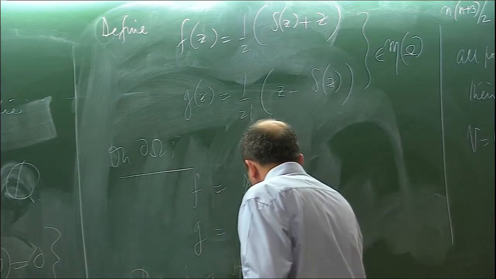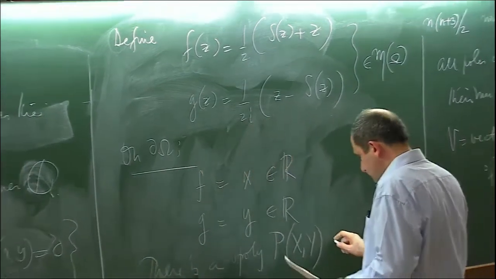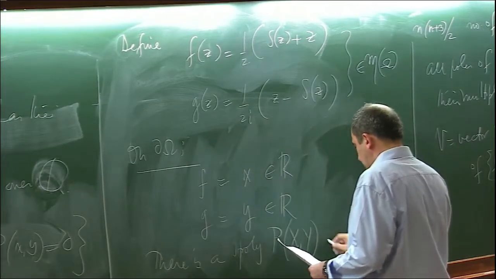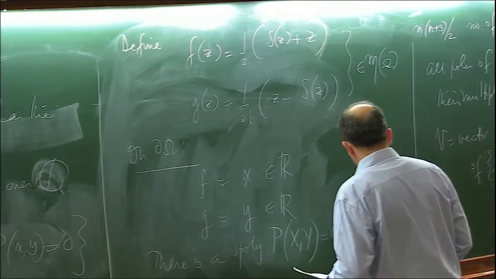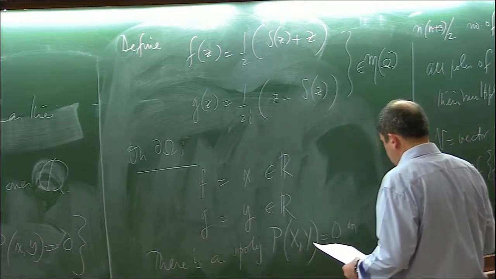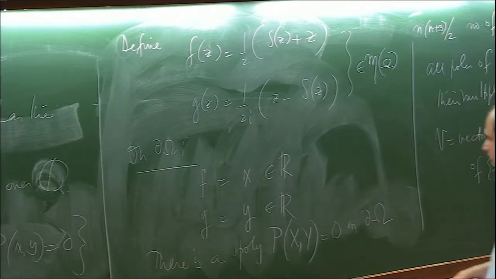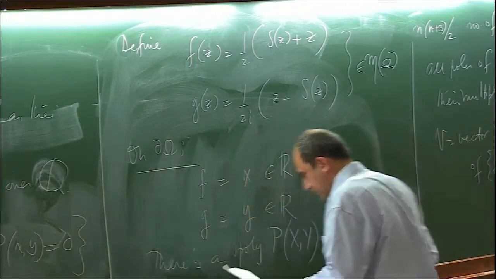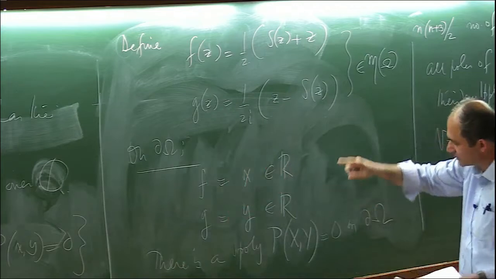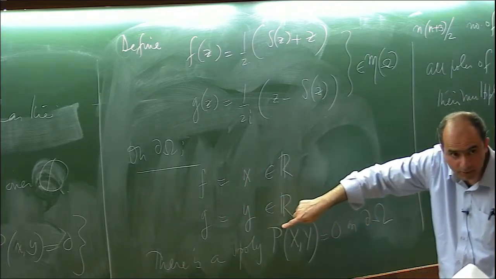a polynomial p of x, y which is equal to 0 on the boundary. I should be a little careful here. What does the theorem say? The theorem says that f and g are algebraically related by this polynomial here.